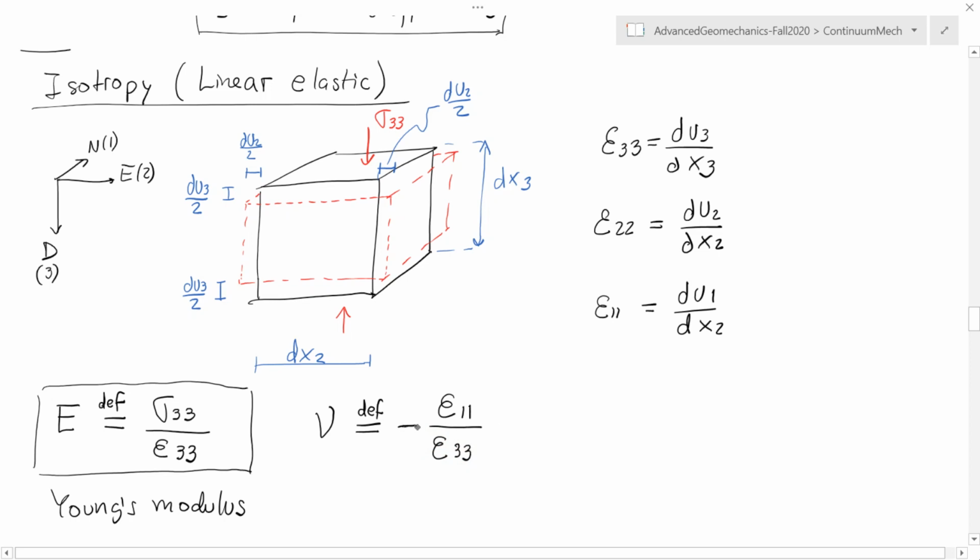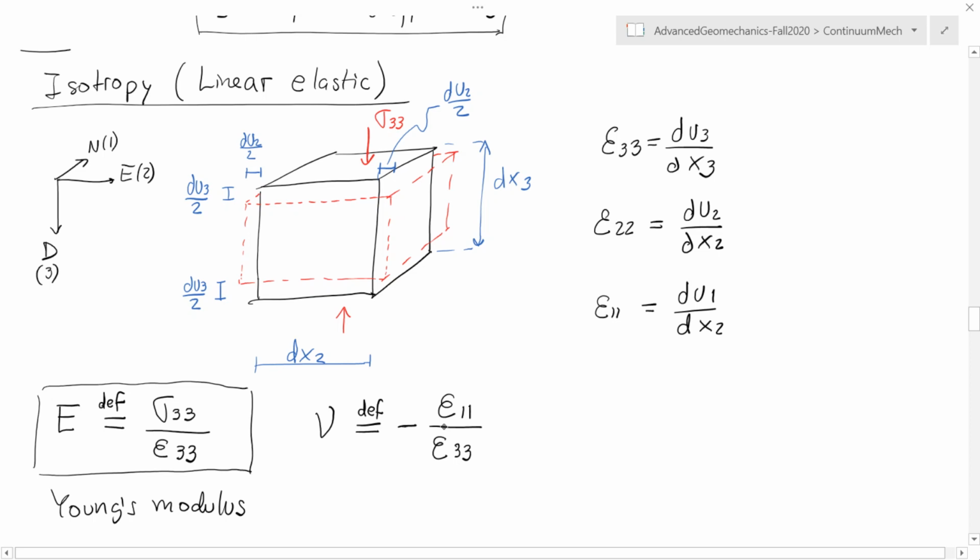And I have a negative sign here because one of these strains is going to be a contraction and one is going to be an expansion. For example, for this particular case, epsilon 33 is going to be a contraction, epsilon 11 is going to be an expansion. Those are going to have different signs. So when we define the Poisson ratio, we use the negative term because most materials expand in the transversal direction when you apply a stress.